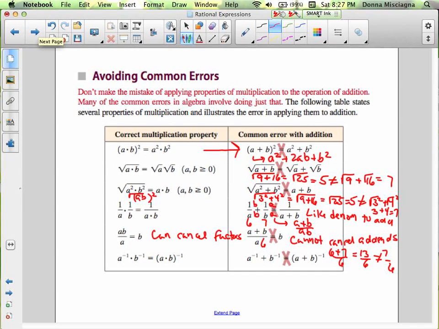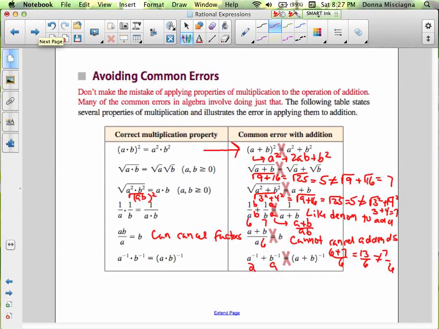If you've got a product raised to the same power, you can make that one product raised to one power, but not if they're added. That doesn't work, because what you're doing is undistributing an exponent. You can't distribute an exponent or undistribute an exponent to a sum or difference. And we can use any number. Let's have a be 2 this time and b be 9.